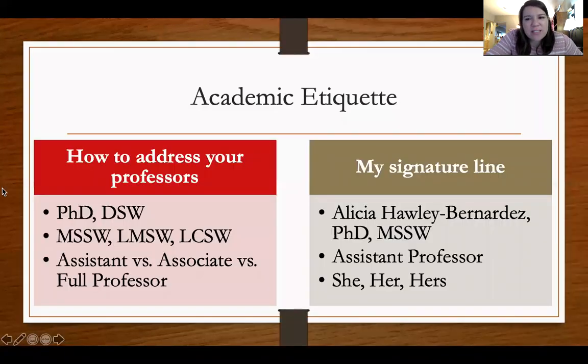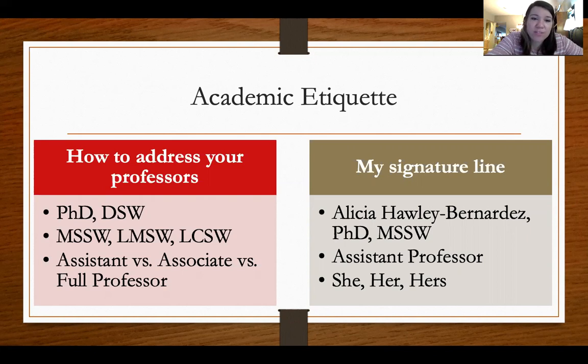So a couple of things that aren't always taught in school and that I want you guys to be aware of is how to address your professors. There's a couple of different ways to distinguish whether or not your professor is a PhD or whether they have their MSW, LMSW, LCSW, and then how to address them.